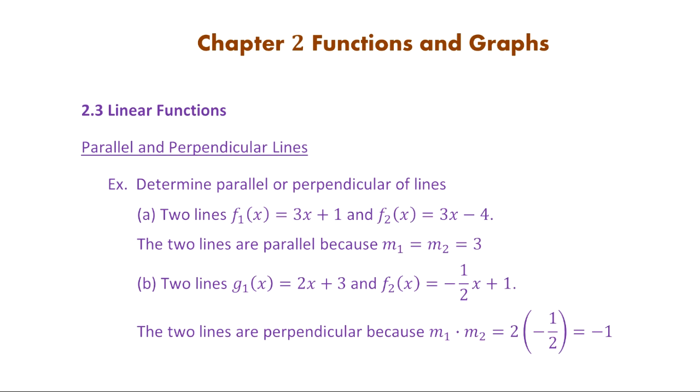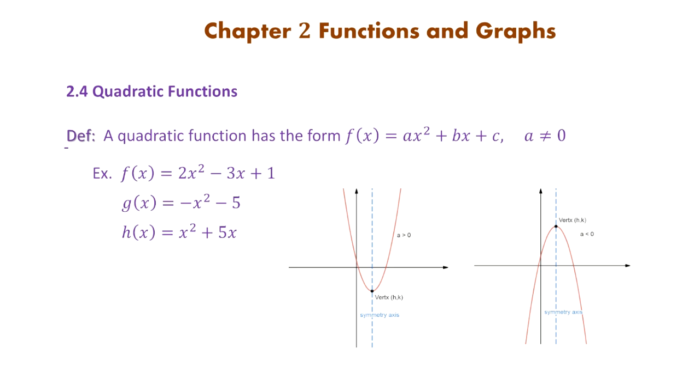So 2.4 is quadratic functions. I think we talked about quadratic functions before. I mean, quadratic equations, right? This is very similar, but we're going to talk about the graphs a little more this time.